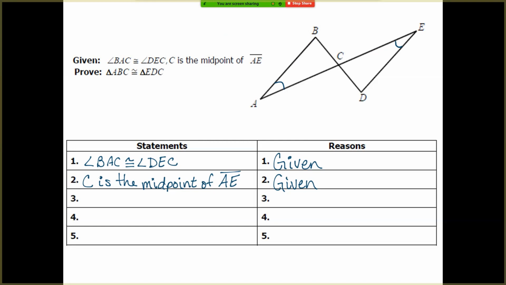If C is the midpoint of this line segment, I know that the 2 pieces it creates, AC and CE, have to also be congruent. So I know that line segment AC is congruent to line segment EC by the definition of a midpoint.